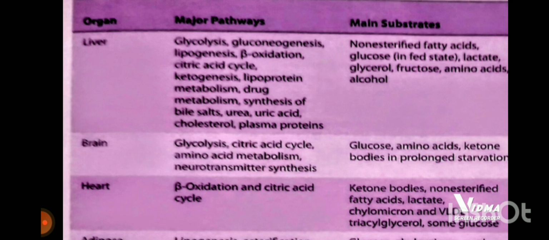In all these pathways, the liver is either directly or indirectly involved. In a simple way, they all run in the liver.